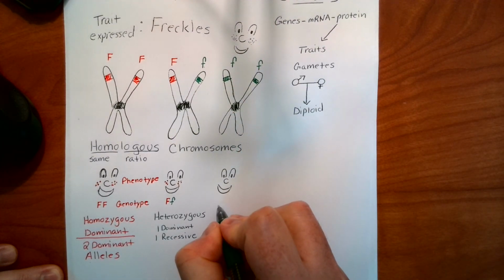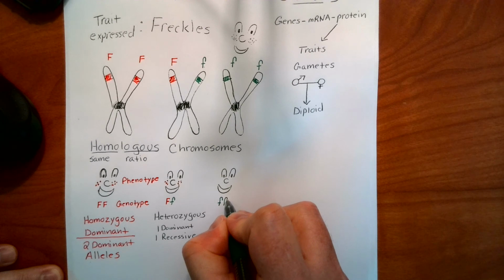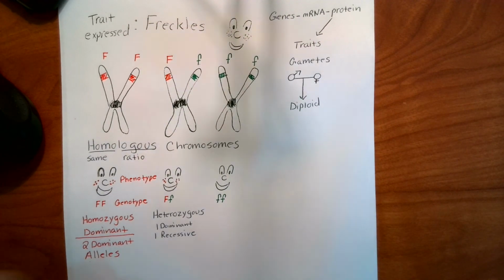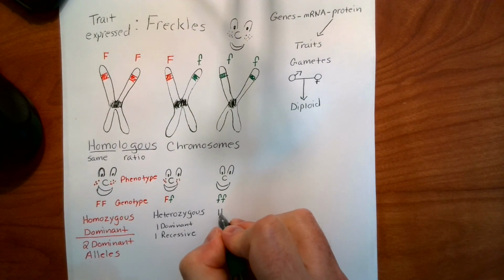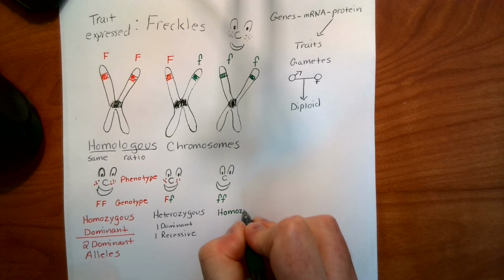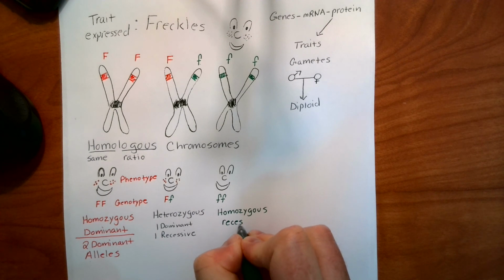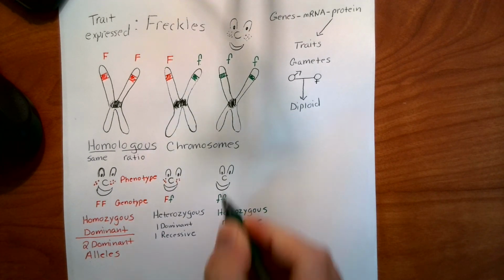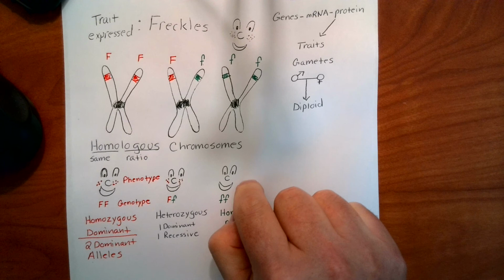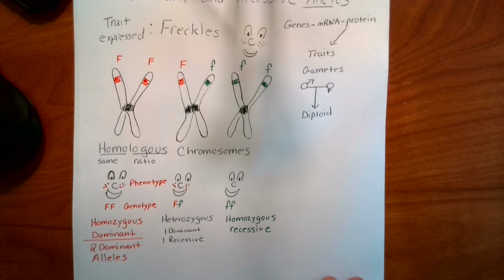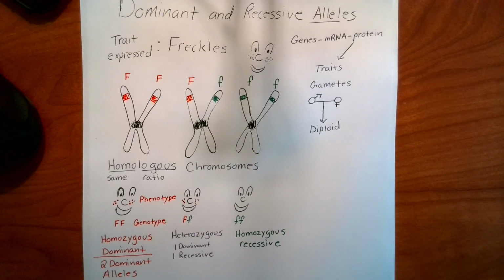And so this person has a genotype where they're homozygous recessive, and their phenotype is they do not have freckles. Okay? So that's how dominant and recessive alleles work.